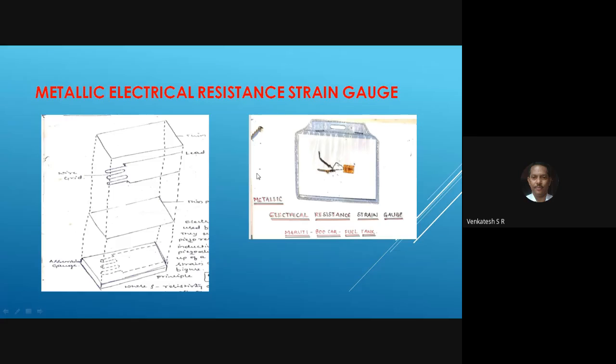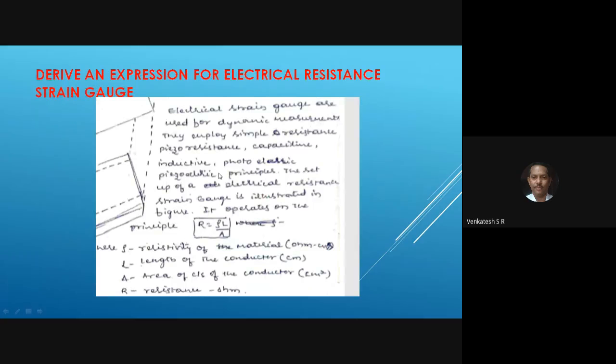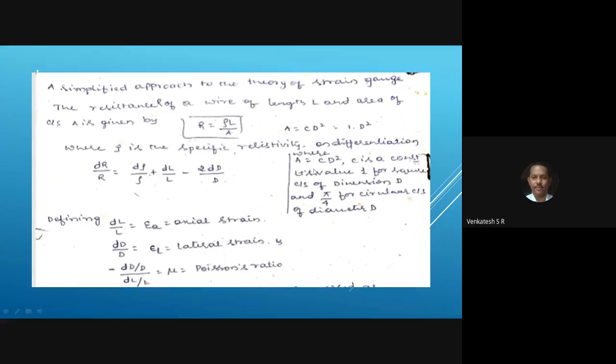This is connected by using a simple Wheatstone bridge circuit or electrical circuit, and this works on the concept R equal to rho L by A. R is the resistance, rho is the resistivity of the material, L is the length of the conductor, and A is the area of cross section of the conductor. On differentiation, you will get the Poisson's ratio and the gauge factor. For all metals, the Poisson's ratio is about 0.3.